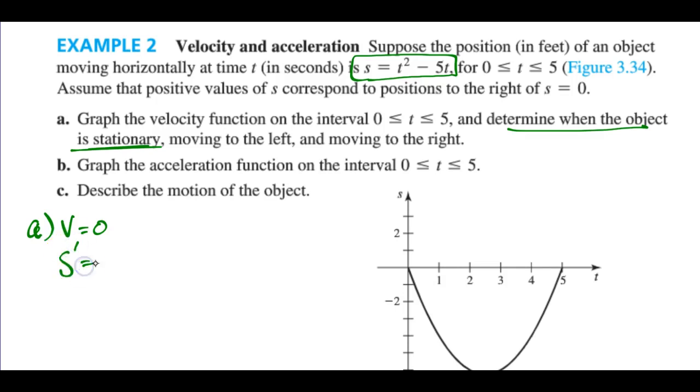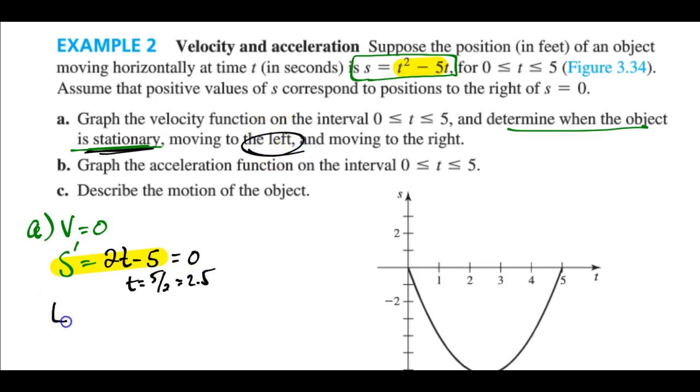So I'm going to take the derivative of t squared minus 5t, which is 2t minus 5, and set that equal to 0, because that's when it's stationary. So that happens around 5 halves, or about 2.5. So time is about 2.5 hours.